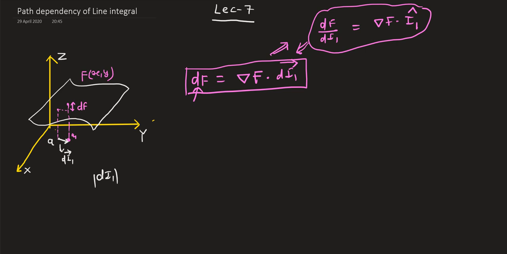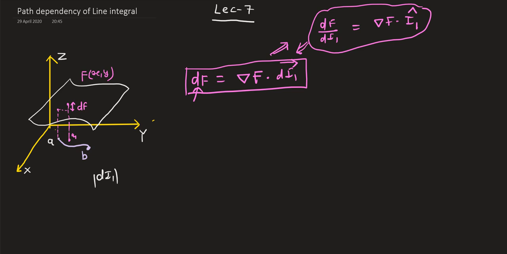Now let's say instead of going this infinitesimally small distance, I want to go from point A to some point B, and I want to find the total change in the height.